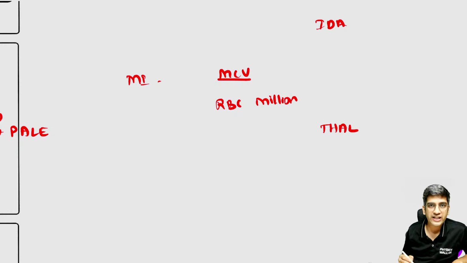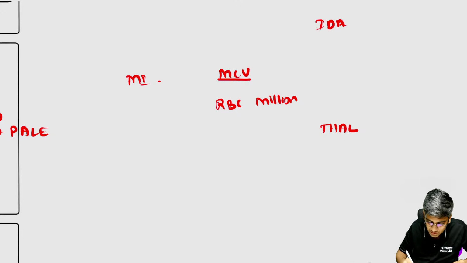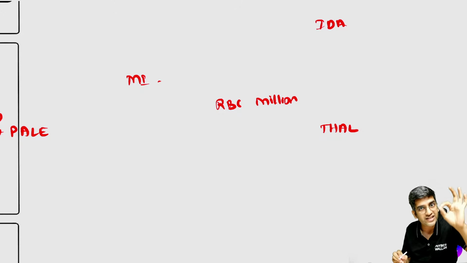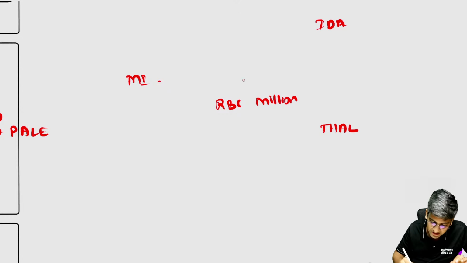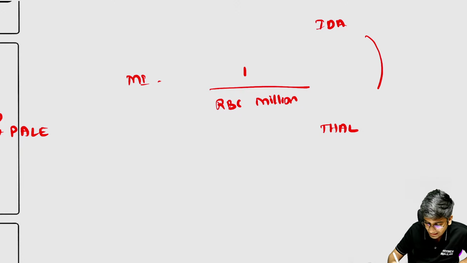Thalassemia is a hemolytic anemia. Since I'm going to compare between these two, what I do is I nullify the numerator because the numerator is the same for both. In both IDA and thalassemia, MCV is reduced. They are microcytic, right? So since I'm going to compare between both, I'm going to nullify it. I'm going to make it 1. So the entire value of the Mentzer index is dependent on the denominator only because both are microcytic.